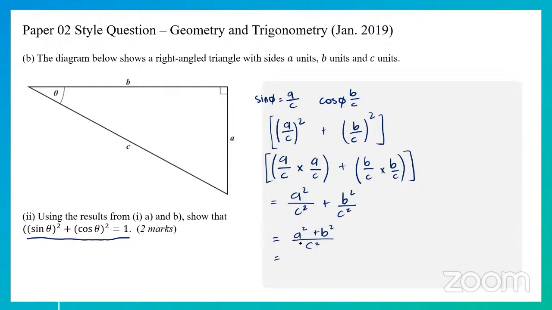So what is convenient about both of these numbers is, well, before I get to that, we can bring back to knowledge Pythagoras' theorem, because we're trying to show that it's equal to 1. Pythagoras' theorem shows that C squared equals A squared plus B squared.